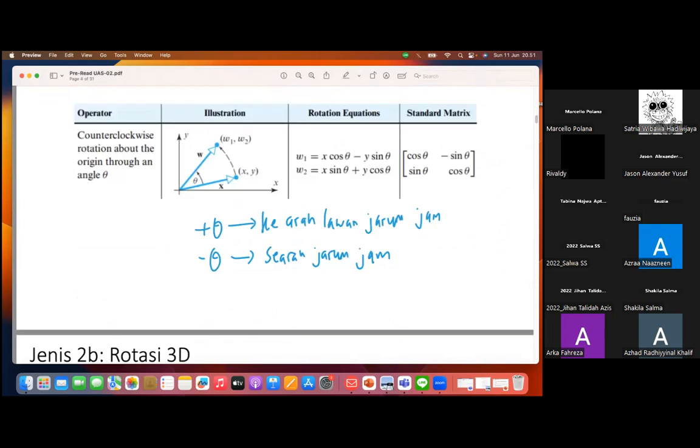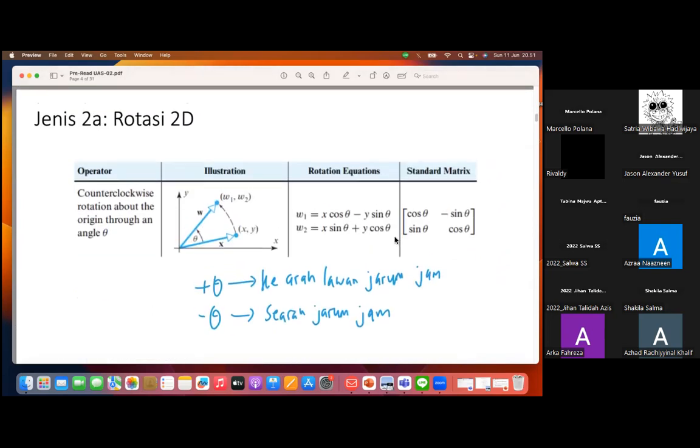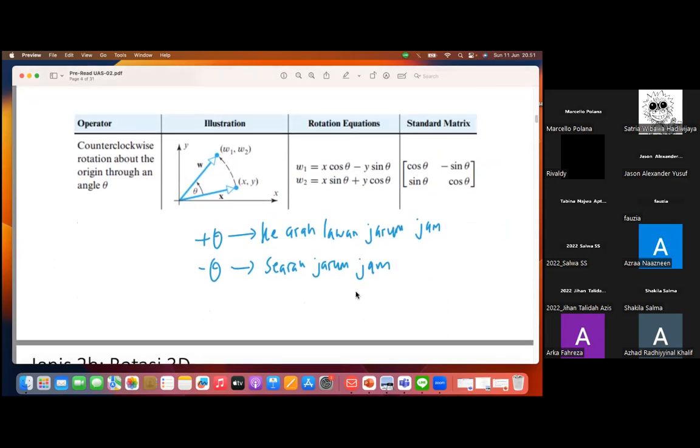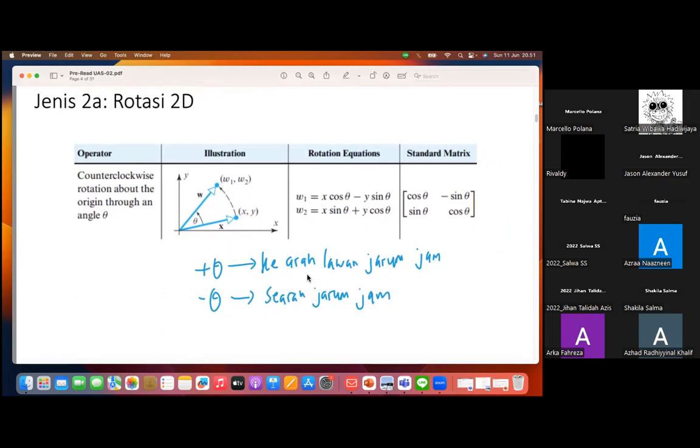So same goes here. And next one is rotation. For rotation, this is the matrix. If theta is positive, it goes counterclockwise like this. However, if it's negative, it goes clockwise. Why? Because if it's negative, look at the direction it's going. It's going to the negative direction.